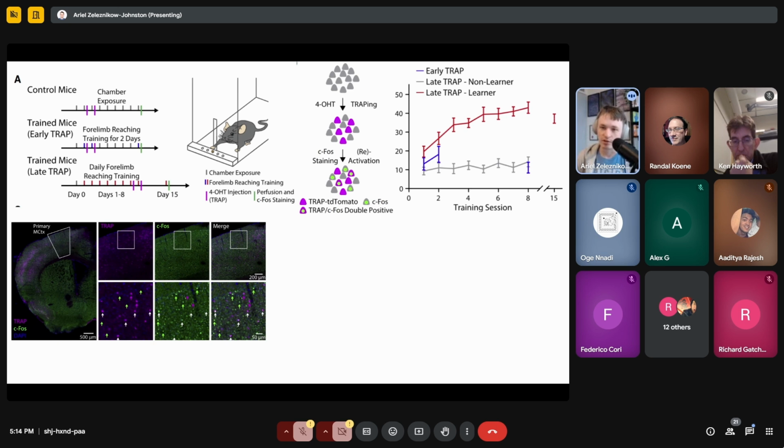Why use this as opposed to rotarod or some beam task or something? I'm genuinely unsure. As far as I remember, they don't mention in the paper why they did that. I think it's a good suggestion that they wanted to make sure it was genuinely a novel task. It could also be that they have other reasons why they're interested in this particular reaching task. It could be the lab's working on it. It could tie into other data they're trying to collect. I'm not sure. If anyone else has any idea why, that's a good question.